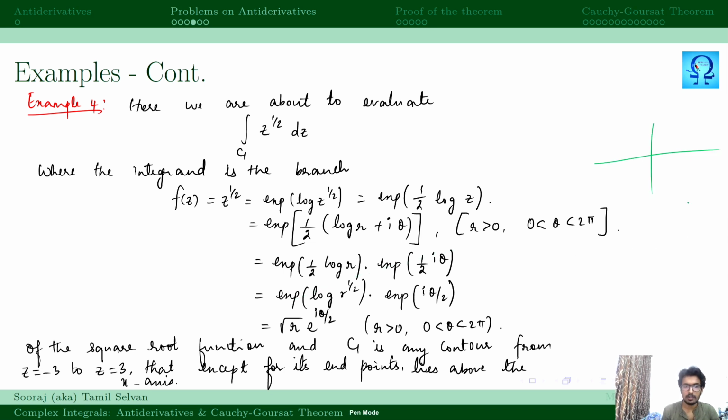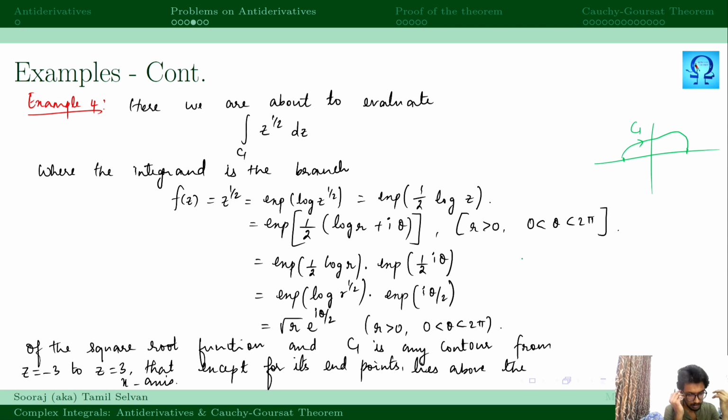You will have to identify z equals minus 3 and z equals 3; except at these endpoints, this completely lies above the x-axis. Okay, this is your C1. It is evident. Fine, this is what is given, right?